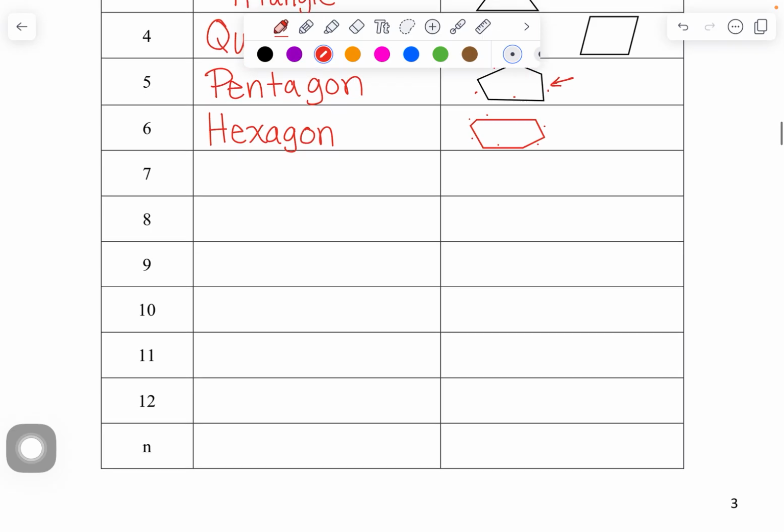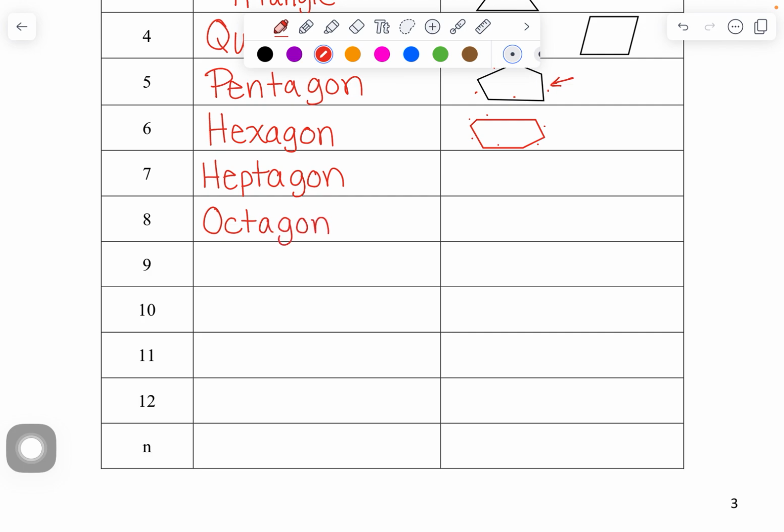Okay, continuing with our names. A 7-sided polygon is a heptagon. 8-sided, octagon.